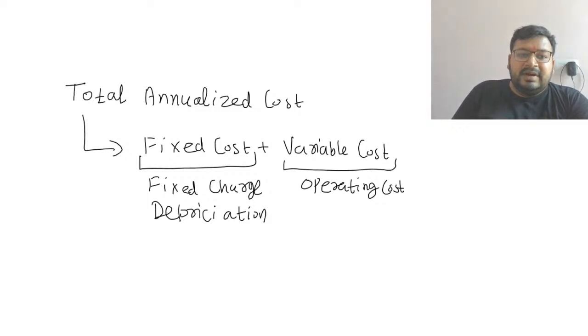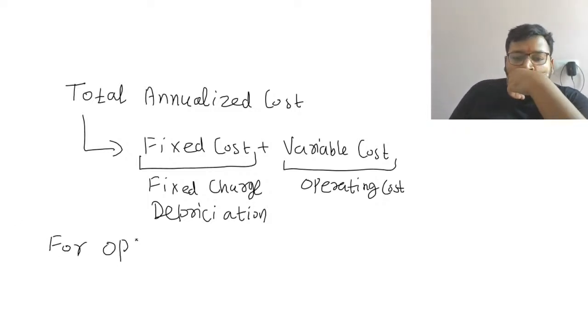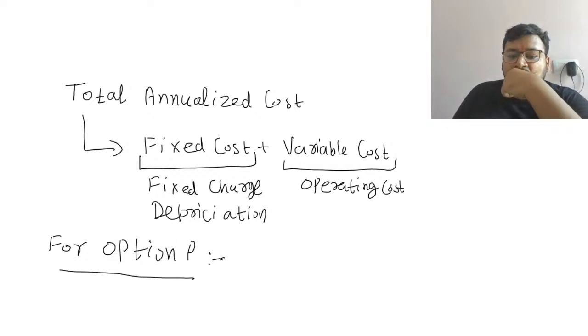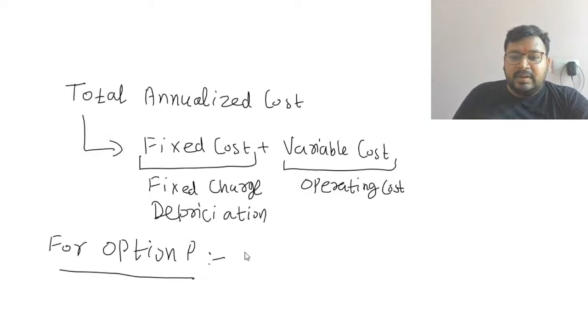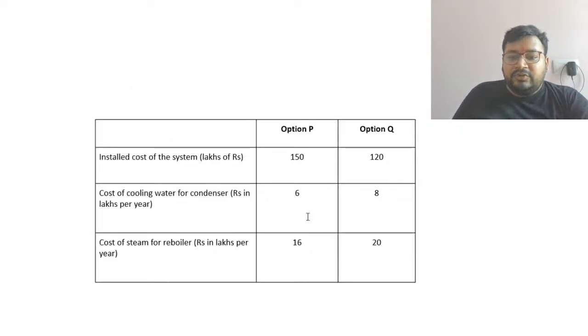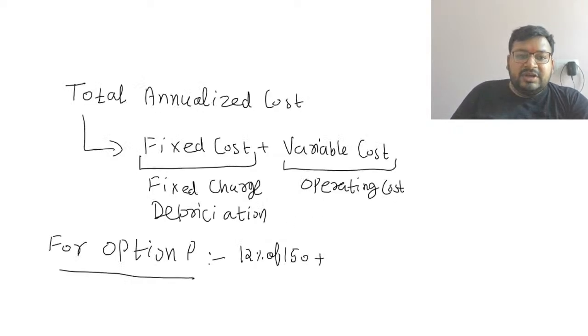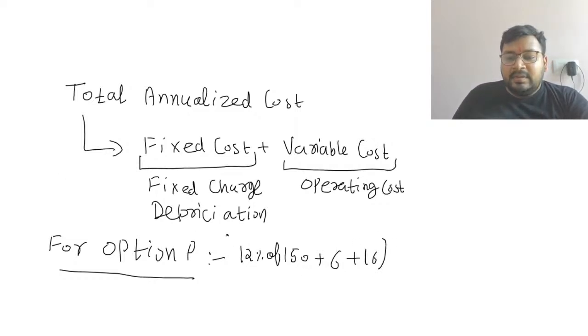So for option P, guys, what is the fixed cost? It's 12% of 150. That is the fixed cost, plus the cost of cooling water is 6, and the cost of steam to the reboiler is also 16. This is in lakh.